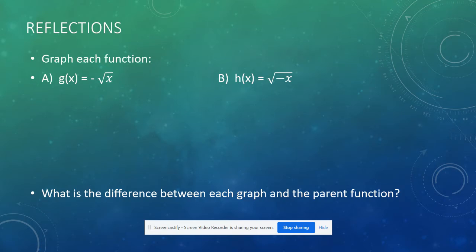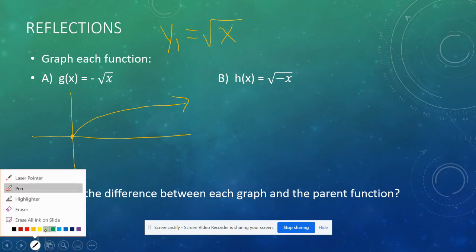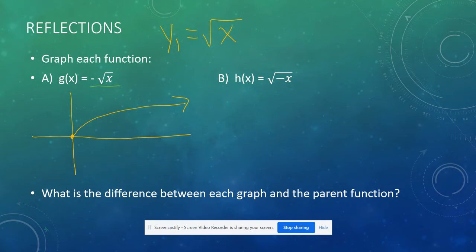If I'm plugging this in again for our graphing calculator, our y1, our parent function, is the square root of x. So if I'm looking here, the square root of x looks like this. And when we plug in the negative in front of the square root of x, then it changes to down there.